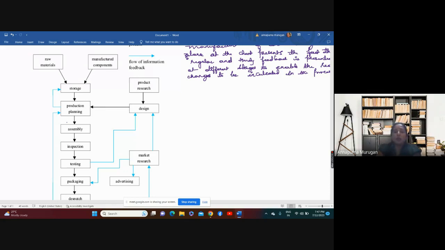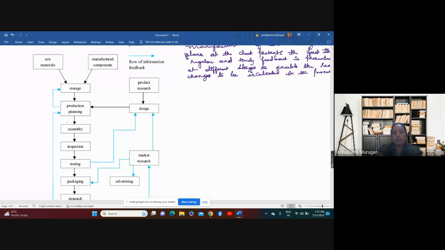You can see that raw materials and manufactured components are stored. From the storage, analyzing the storage, production planning is done. Reviews from the product research influence design, and design influences production planning.